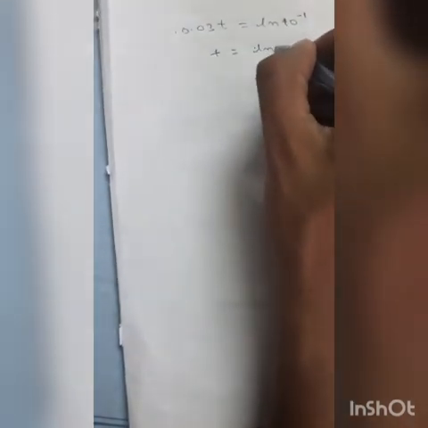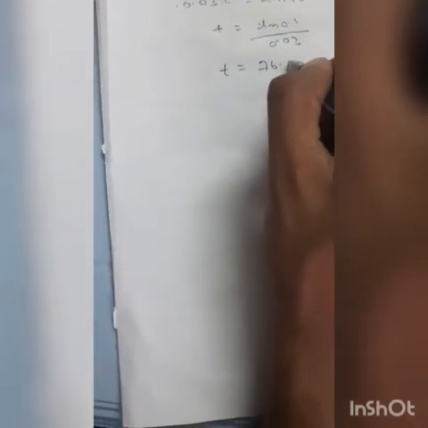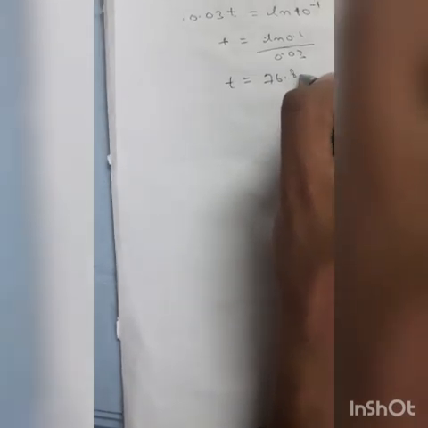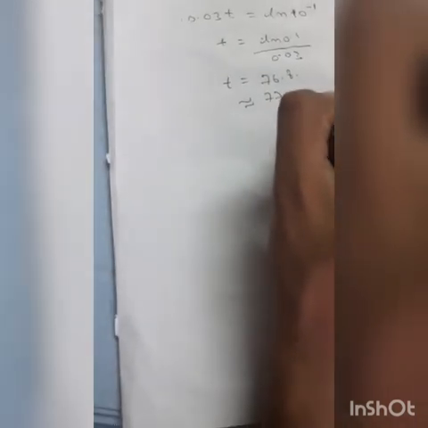So t is equal to ln 0.1 by minus 0.03. Calculating this on a calculator, we get t equal to 76.8, so we can take it approximately as 77 minutes. So that's it.